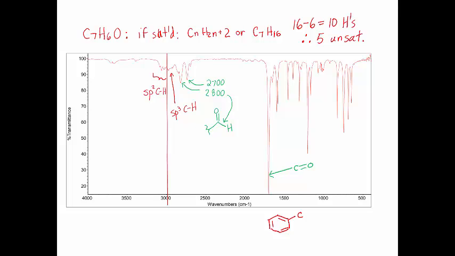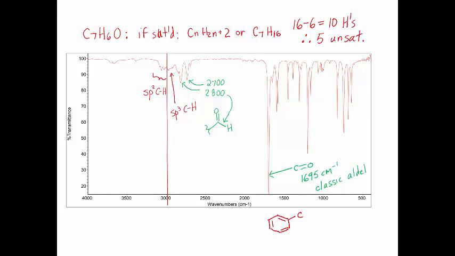What is the value that we get here? This is actually 1695 reciprocal centimeters. If we look at our peak printout, 1695. A classic aldehyde would be 1725. We get this from our IR chart.